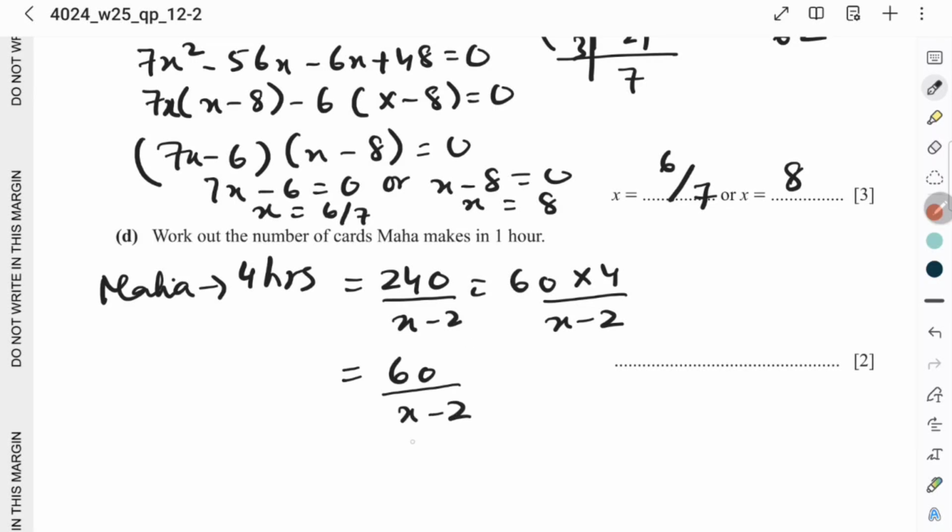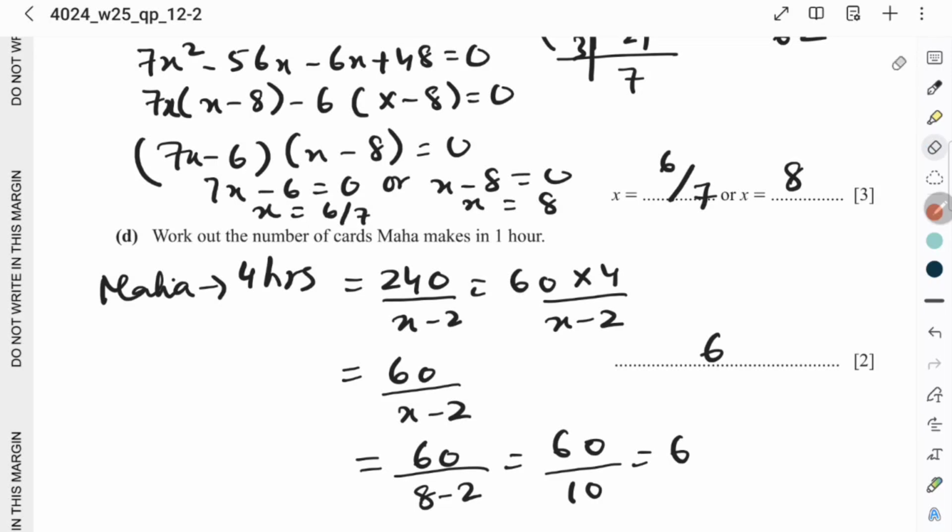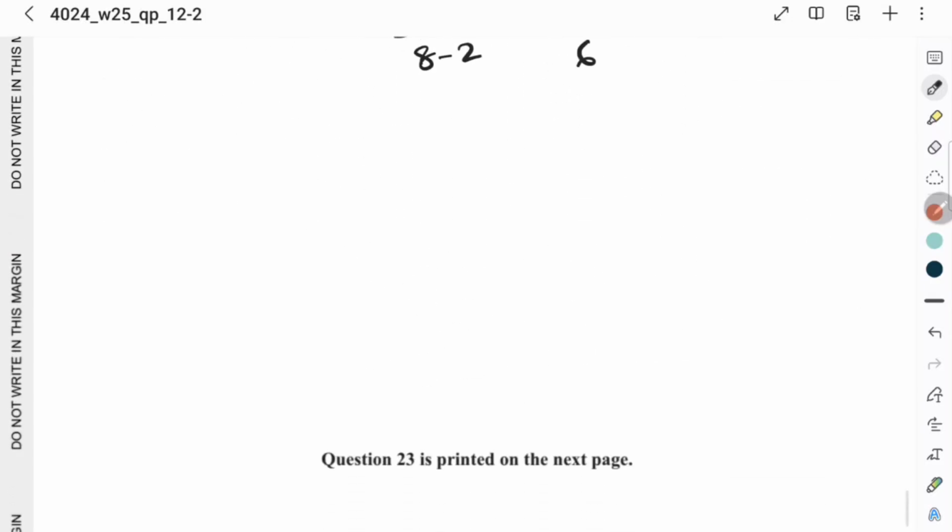We'll take the whole number 8, not 6/7. So 8 minus 2 is 6, and 60 over 6 will be equal to 10. Now move to the next question.